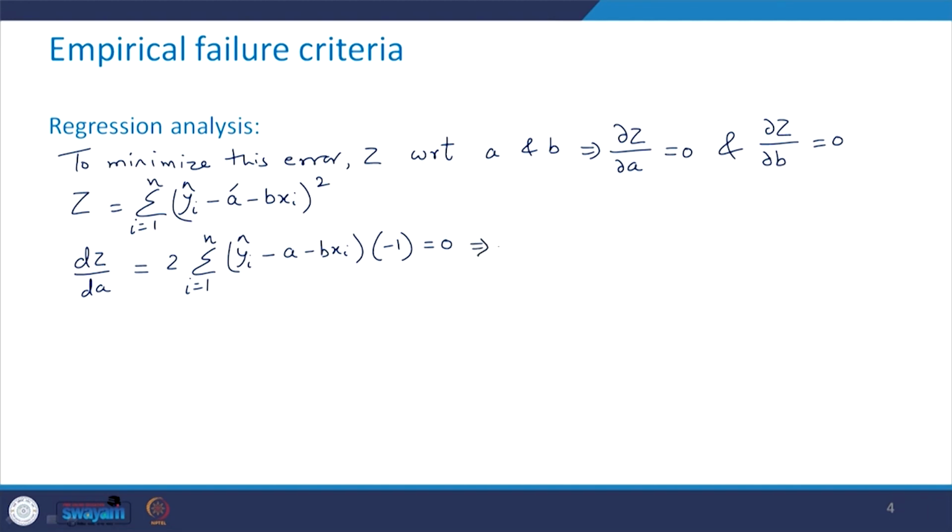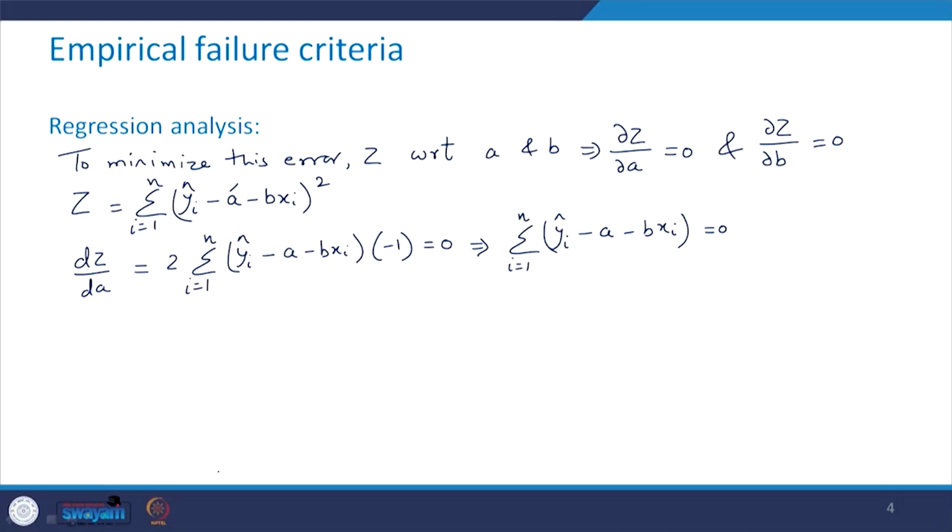So what I am going to get from here is summation i equal to 1 to n (yi cap minus a minus b xi), this is going to be equal to 0.